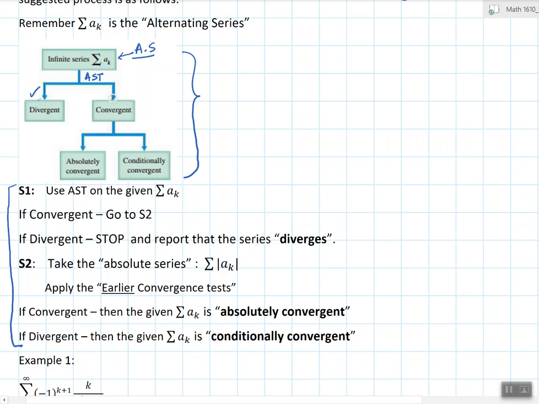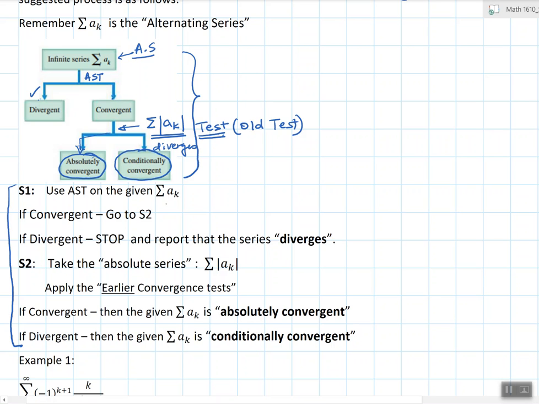Now if the alternating series converges, then you take the absolute series. That means you drop the negative sign, take the absolute series and test it using the old tests of the previous section, and find out whether the absolute series converges. If it converges, we say that the alternating series converges absolutely. On the other hand, if the absolute series diverges, then we say that the alternating series converges conditionally.